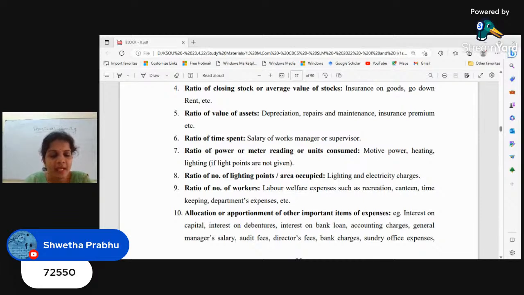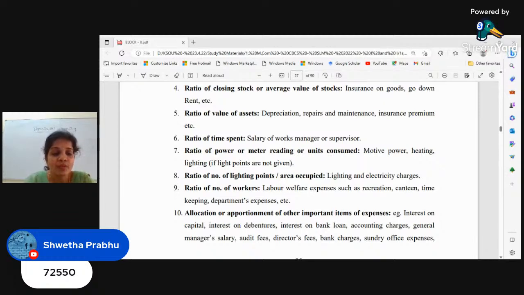If there is repair or maintenance of particular machinery or furniture of a particular department, that can be recorded on the same basis, and the insurance premium on the particular asset of the department can be apportioned easily based on the value of the asset.